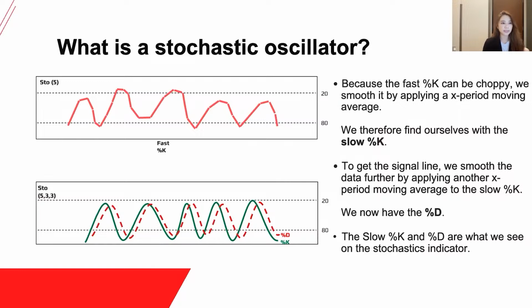Because the fast percentage K can be choppy, we smooth it by applying an X period moving average, giving us a slow percentage K. To get the signal line, we smooth the data further by applying another X period moving average to slow percentage K, and now we have percentage D. So in whole stochastics, we see two visible lines, the slow percentage K and the slow percentage D. In the figure, the green wavy line is percentage K and the dotted line is percentage D.